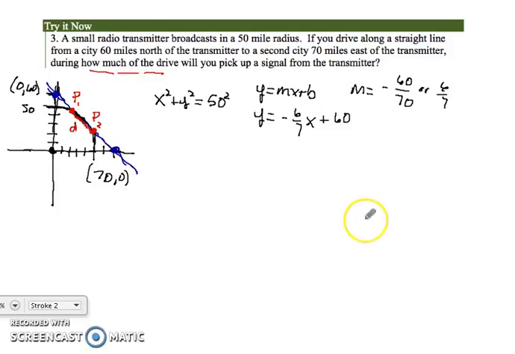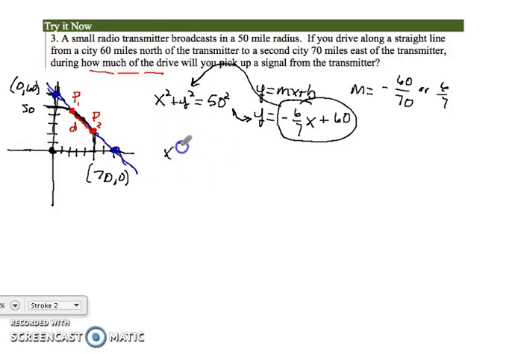Now, what we're going to do is we want to find the x values of these 2 points, and we're going to make a system of equations. So again, point 1 and point 2 share the same x and y values. We're going to plug this in for the y over here and find the x values.